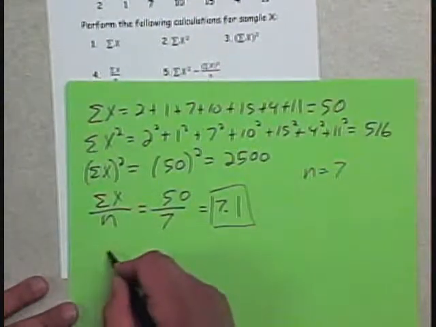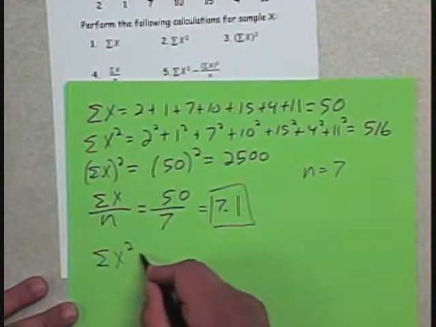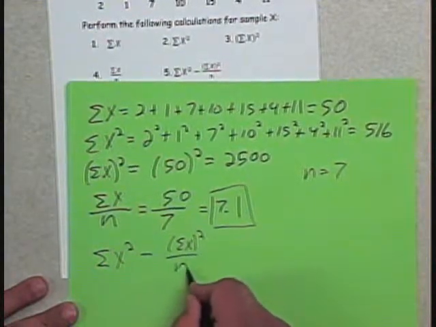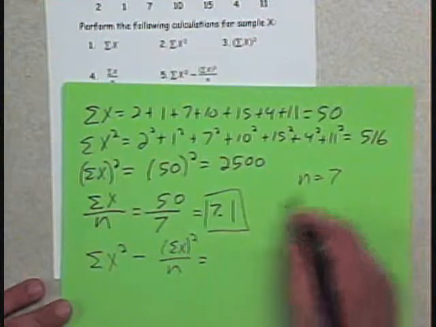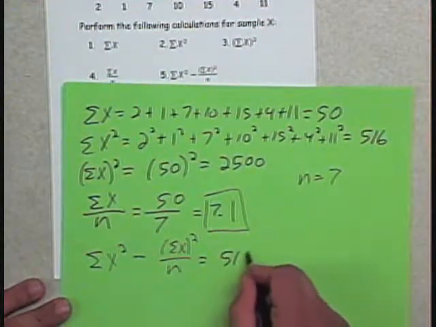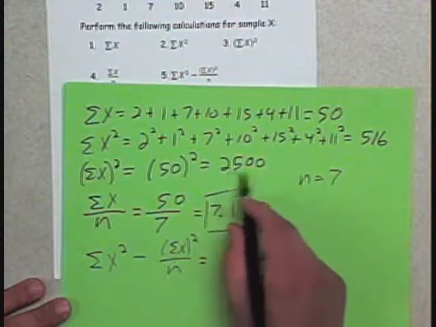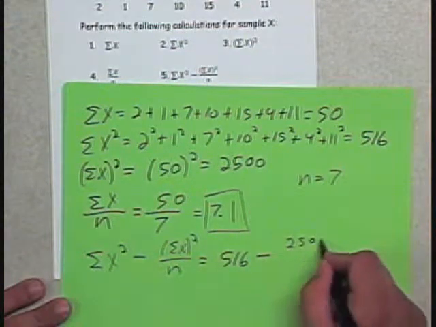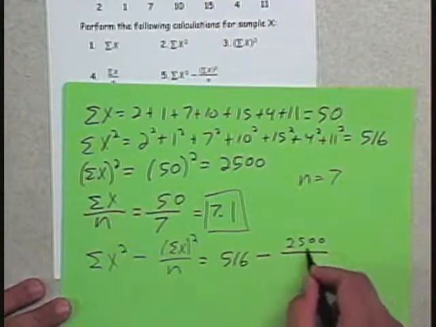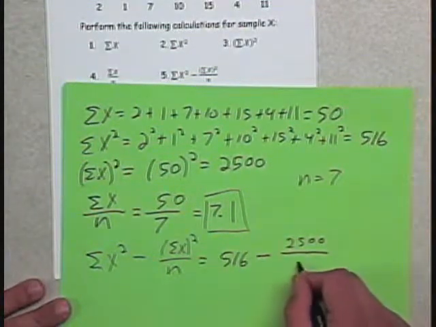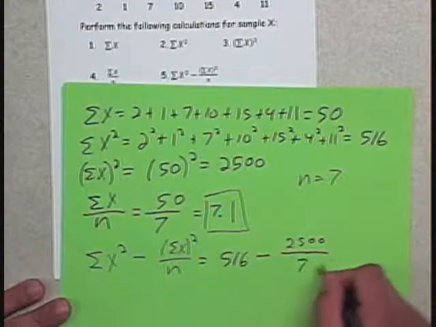And now, finally, I'm going to do this calculation, this last formula. So if I do that, I've already calculated them. This is 516 minus, and this is the sum of x quantity squared, so that's 2,500, divided by my n, which is 7.